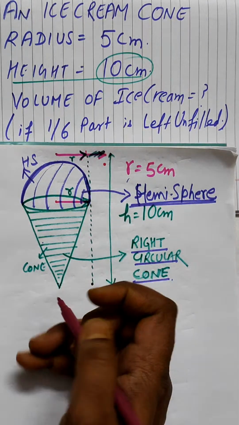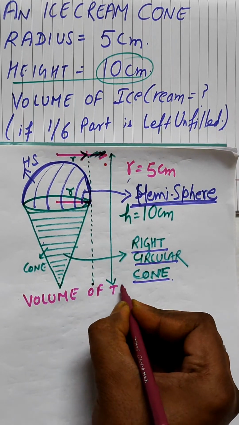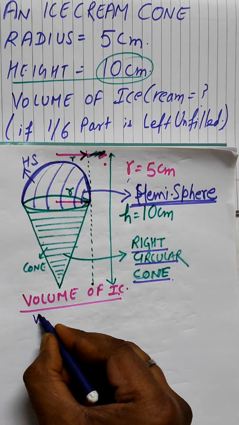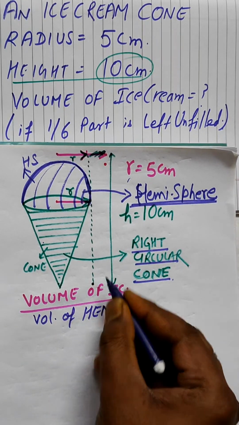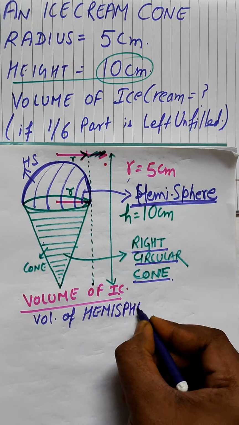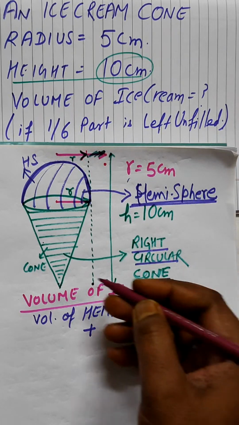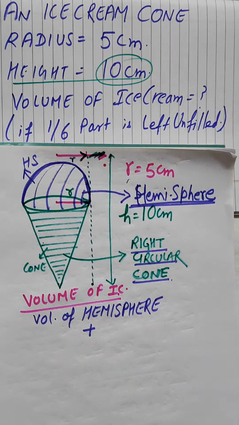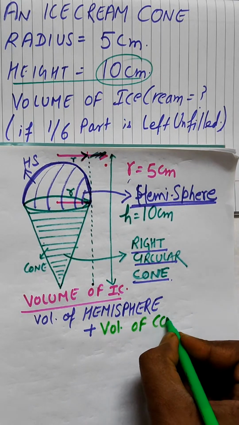So volume of ice cream, I'm writing IC. Volume of IC is the volume of the hemisphere, which is on the top, this blue color hemisphere, plus the lower portion, which is your cone, the volume of the right circular cone.